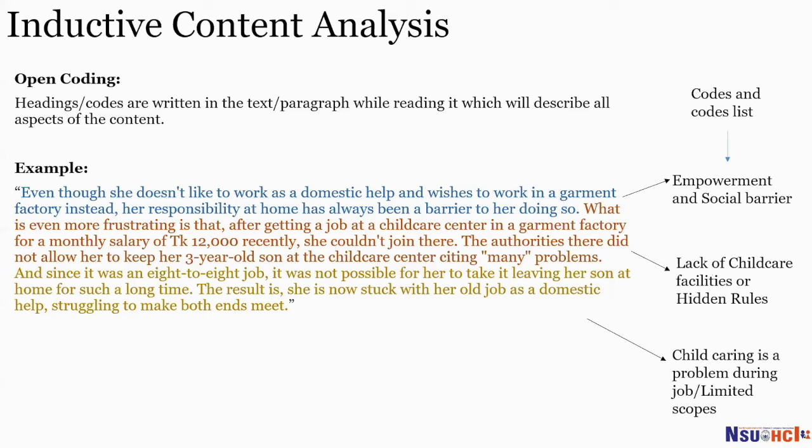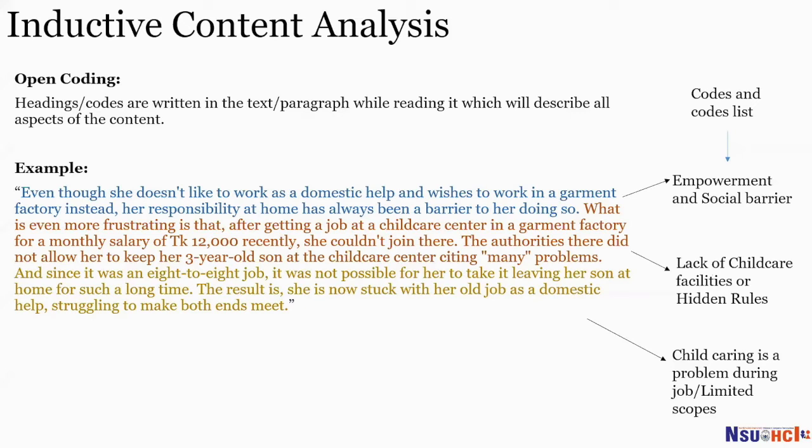In this paragraph, this is actually a collected paragraph. I'm not using one of my research properties because all are confidential. So I put some colors here so you can understand what information each line says. I try to understand what kind of information I get from here. The first line talks about empowerment, and the second line talks about the lack of facilities or hidden rules or something like that.